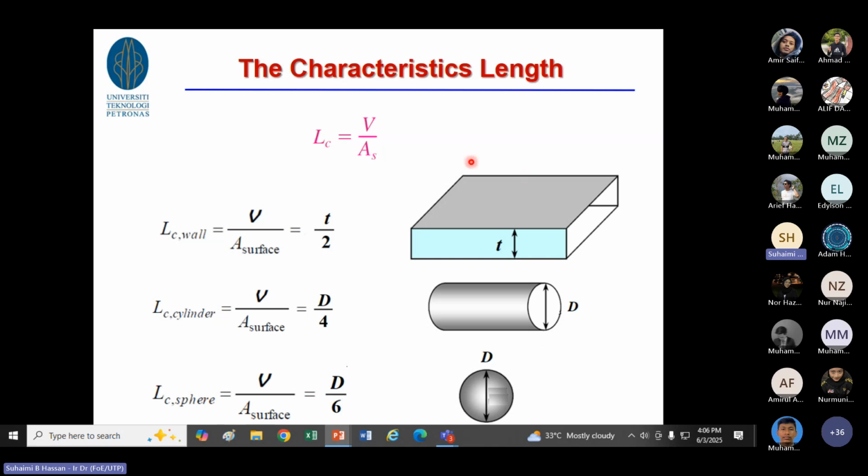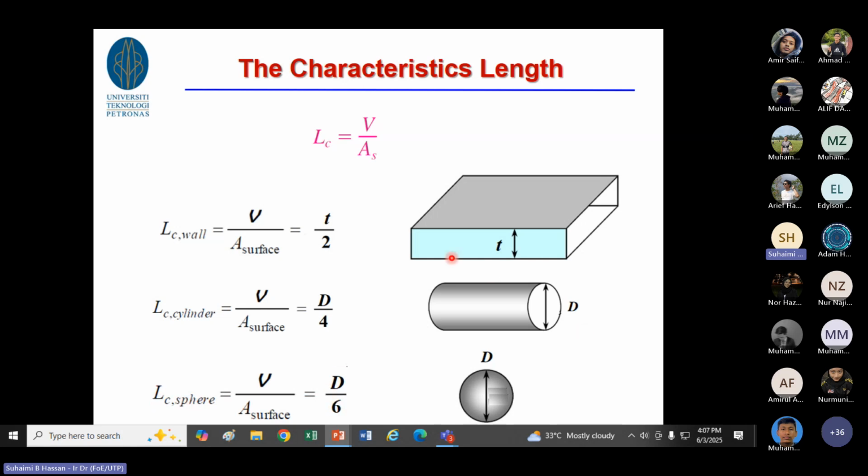Okay, look at these three objects: one is rectangular, one is a cylinder, and one is a sphere. Lc for rectangular is T over 2, but we have to know why T over 2. Lc for a cylinder is D over 4, and we have to know why D over 4. Lc for a sphere is D over 6.